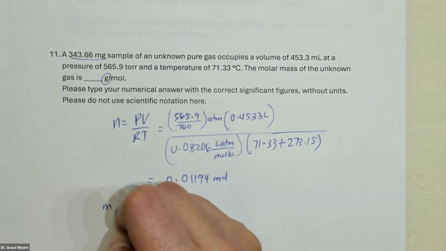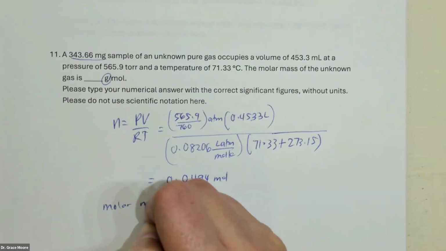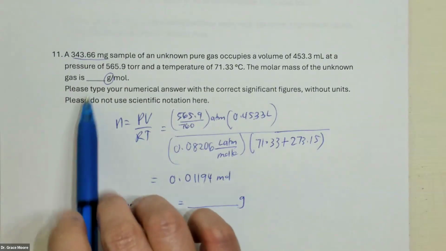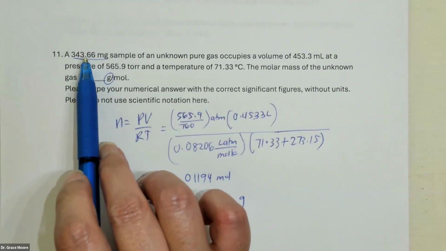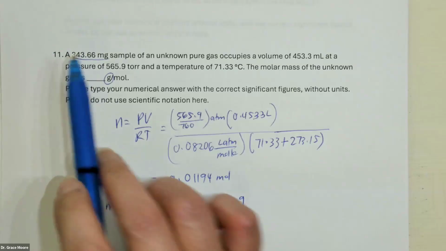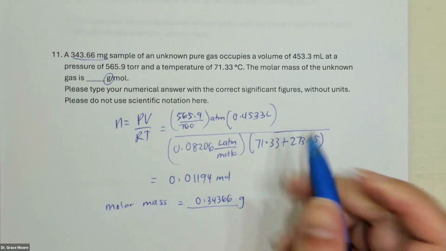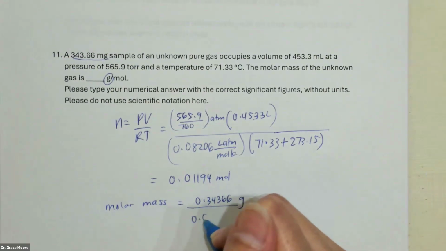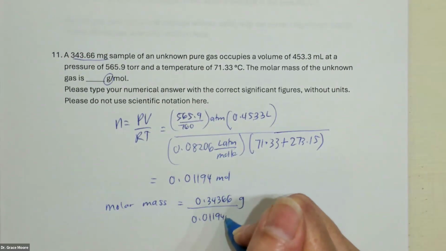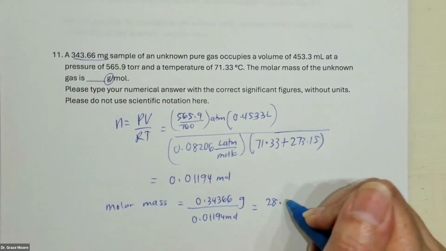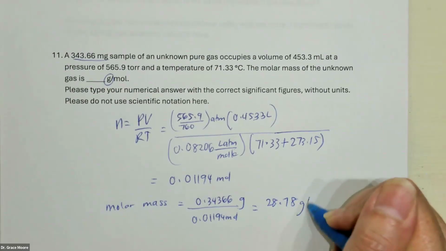And we say the molar mass would be the grams. So if you take 343.66 divided by 1,000, because it's milligrams to grams, 0.34366 grams divided by 0.01194 moles, you end up getting 28.78 grams per mole.